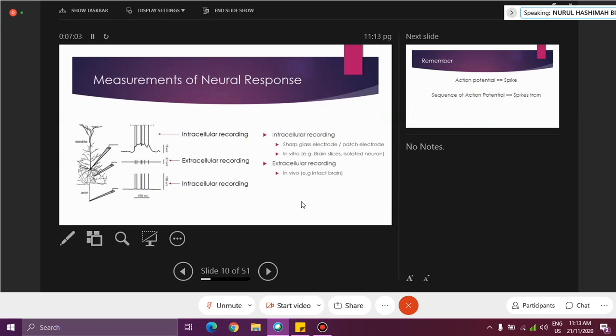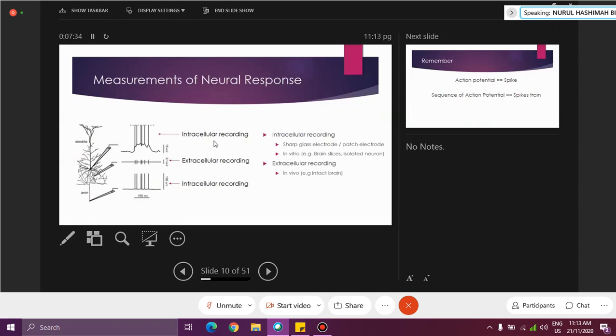Some recording methods use electrodes that go deep into the brain and right to the neuron, to the brain slice or isolated neuron. So they go deeper inside the animal brain and put the electrode there, and the reading will be different.